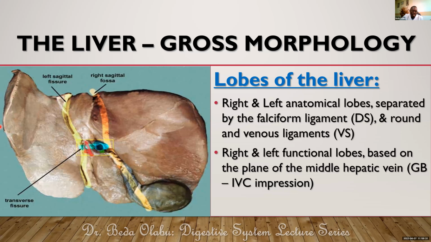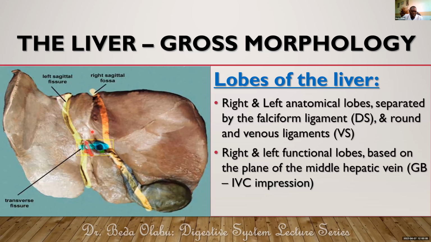This one has been rotated, so we're looking at the liver from behind. This is still left and this is right. Physiological lobes. If we look at it from an anatomical perspective, then this is the impression of the ligamentum venosum. And this is the region for the round ligament or ligamentum teres of the liver, which corresponds with the location of the falciform ligament as well, if you look at the diaphragmatic surface.